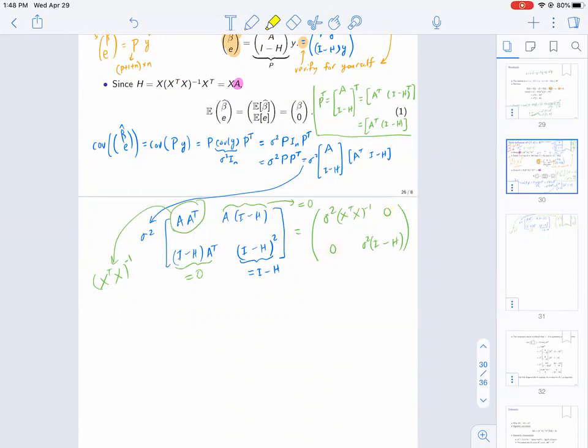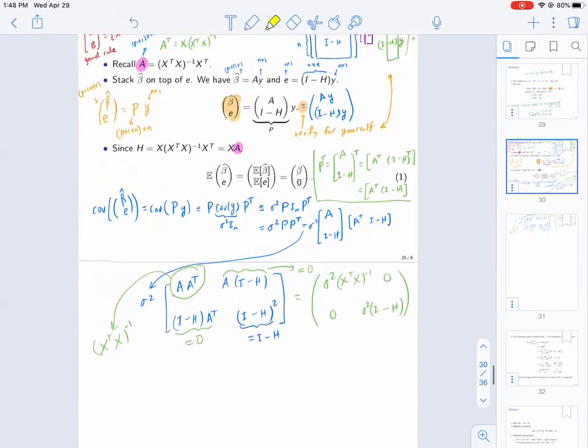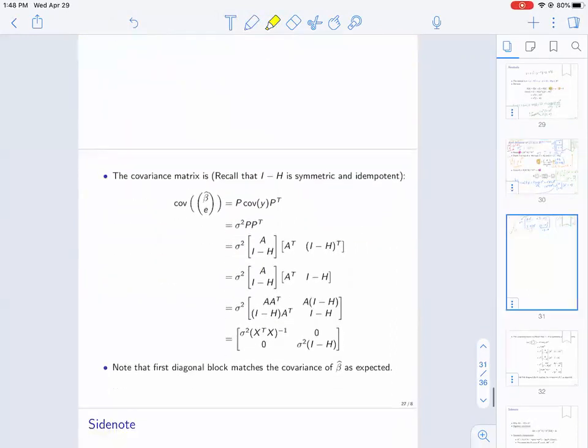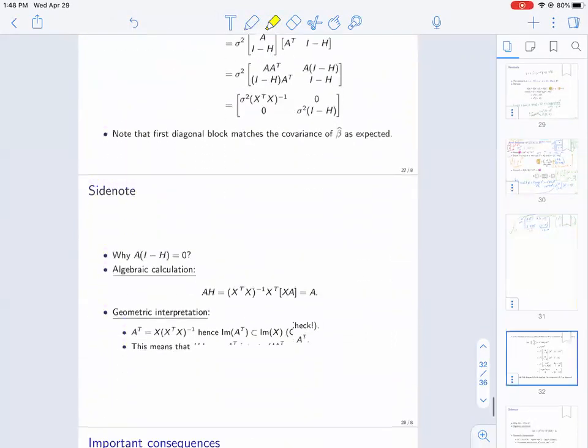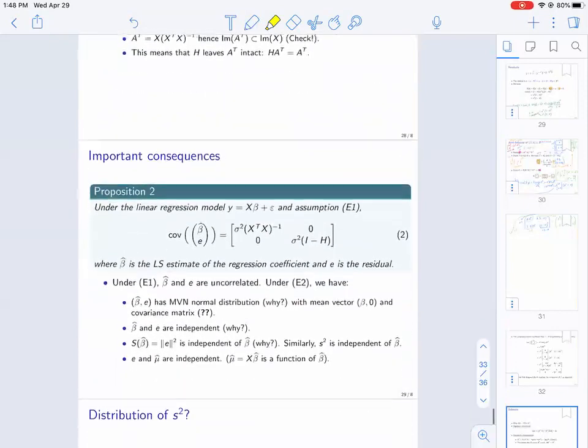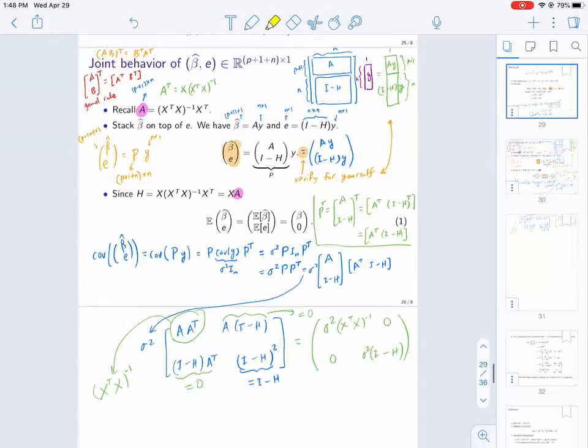Because we're out of time, I'm going to come back to this and follow through the consequences. Any questions? So this is the calculation here, and then you can read the important consequences. Unfortunately, we don't have time to go through this, but next time we're going to come back and go through that. Any questions?